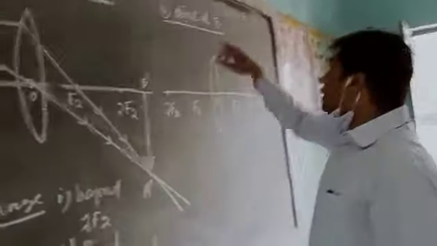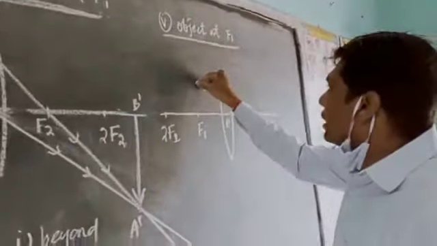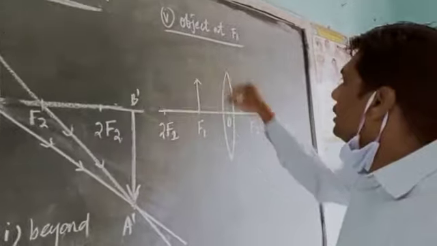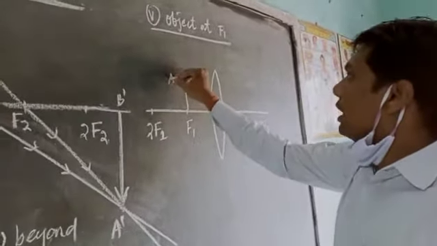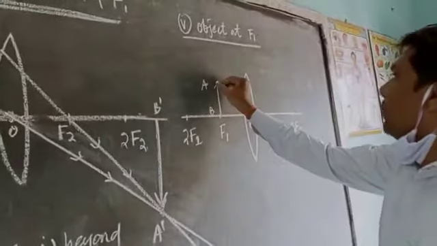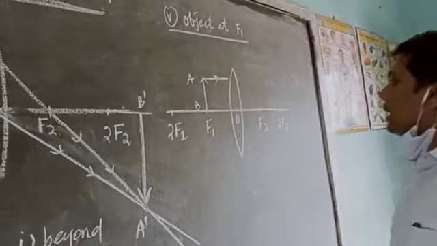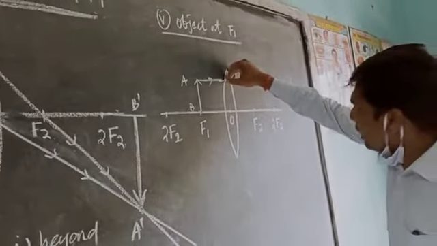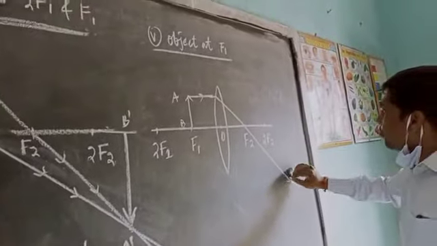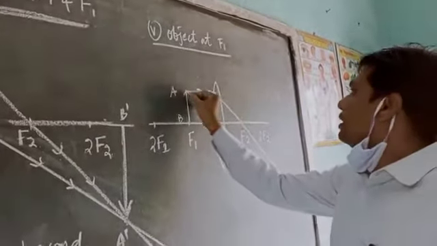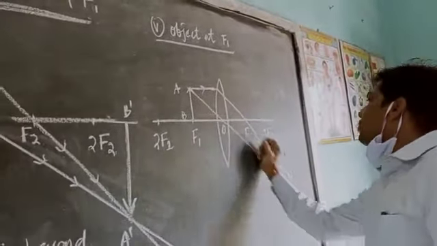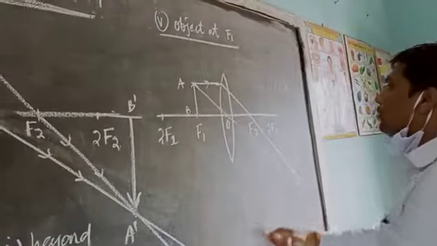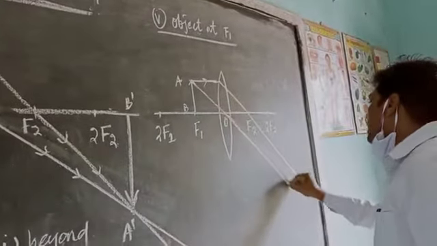And for case 5, the object is at f1. This is A and this is B. The first ray, which is parallel to the principal axis, after striking the lens, passes through the focus. The second passes through the optical center without deviation, going like this.